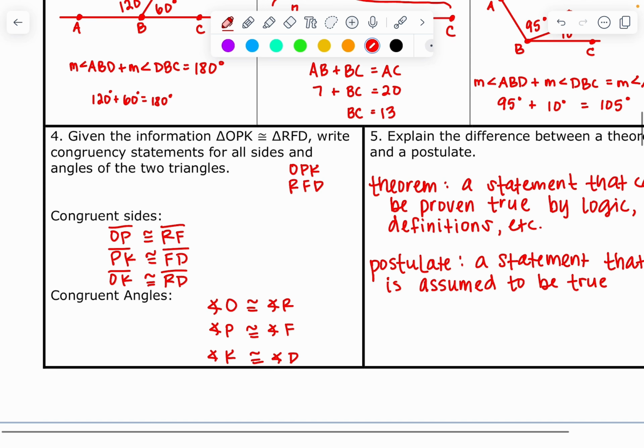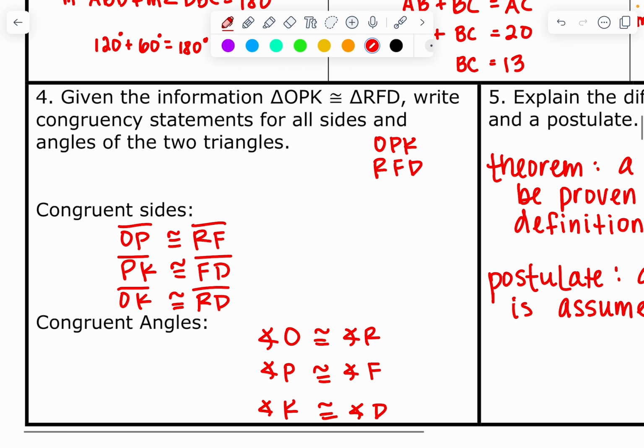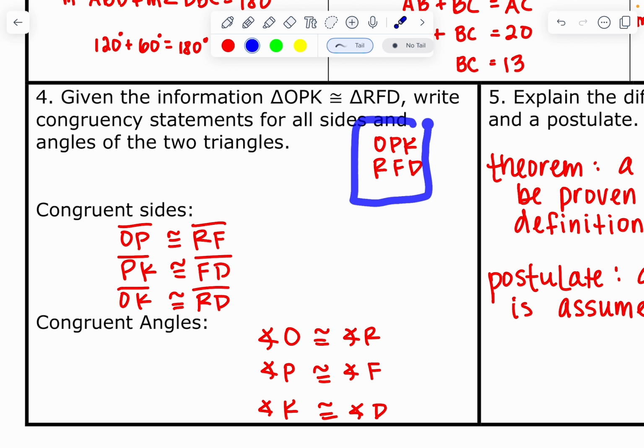All right, number 4, given the information that triangle OPK is congruent to triangle RFD, write congruency statements for all the sides and angles. So you can either draw the triangles and go from there, or you can just set up the congruency statement vertically like this. If you stack it vertically, you can easily see that O and R go together, P and F are corresponding, and K and D are corresponding.